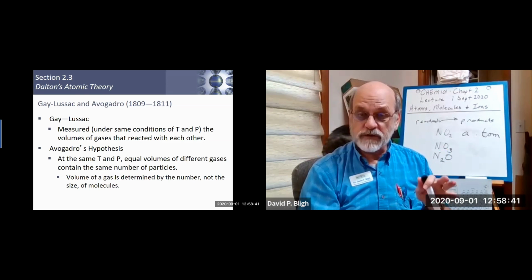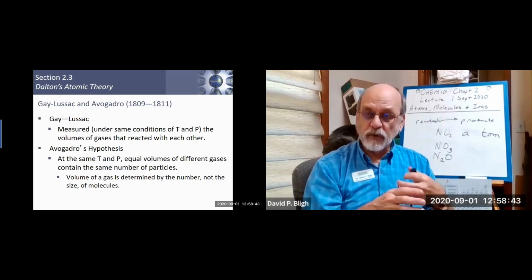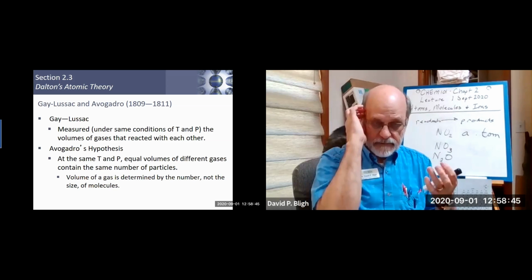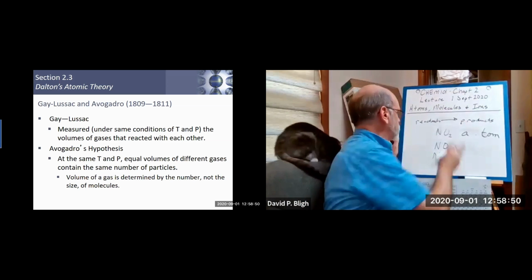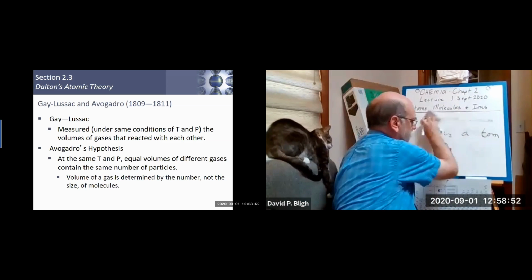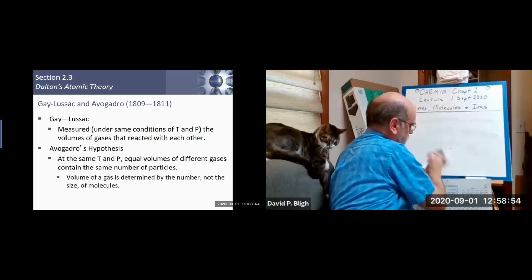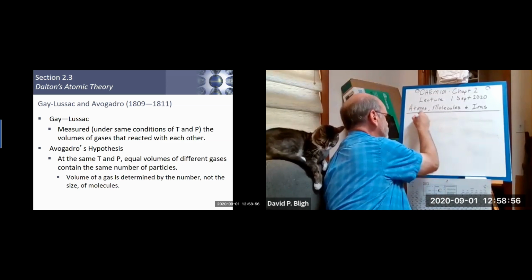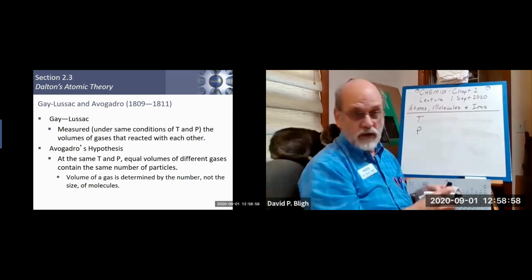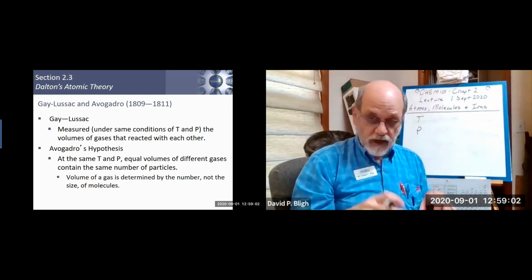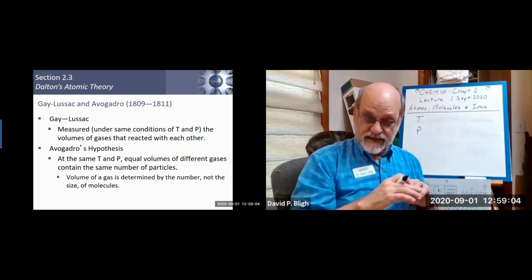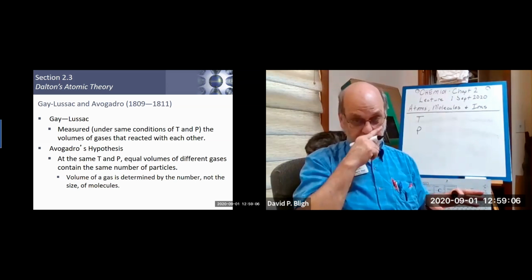And what Avogadro said, and this is important for chemical reactions, is that as long as you hold the temperature and pressure constant, then equal volumes of different gases contain the same number of particles.